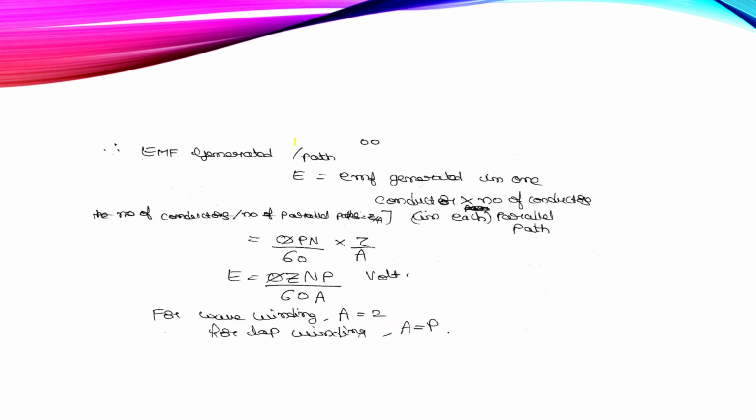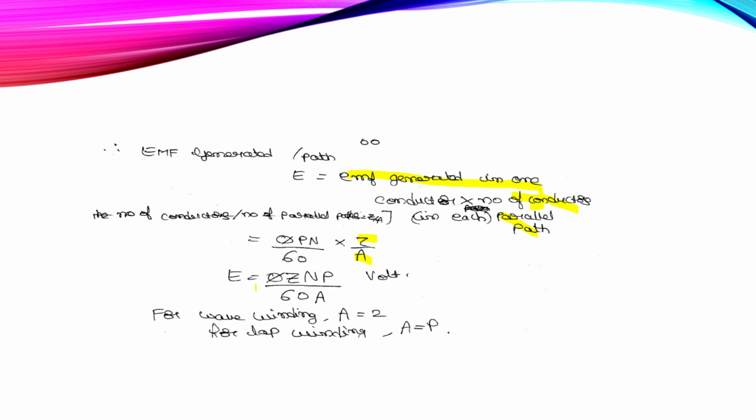Now if we calculate the EMF generated per path, it will be the EMF generated in one conductor multiplied by the number of conductors in each parallel path. So that is phi P N by 60 into Z by A, where Z is the total number of conductors and A is the number of parallel paths.